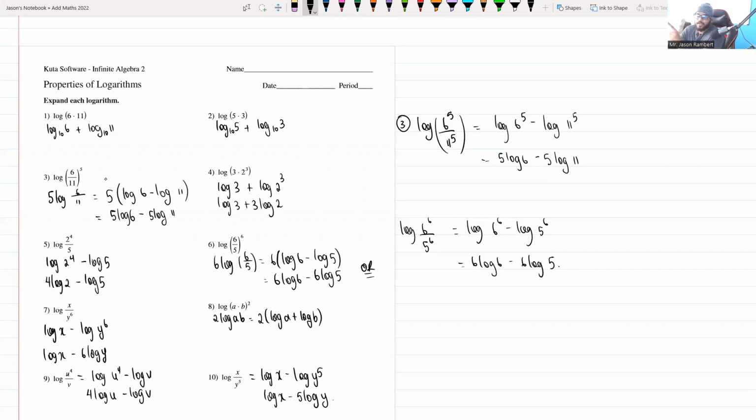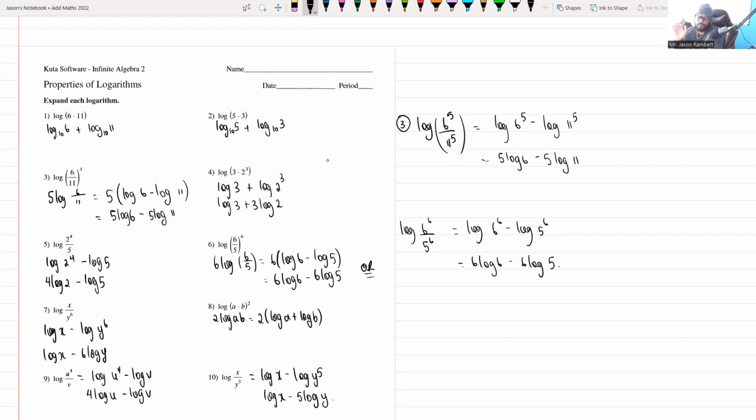Then I expanded the 5 on each of the terms in the bracket. Or I could have distributed the power on each of the terms inside of the bracket. I'll get log of 6 to the 5 over 11 to the 5, and then use laws of logs and simplify it using my law 2. Then I could have used law 5 and bring the 5s in front.